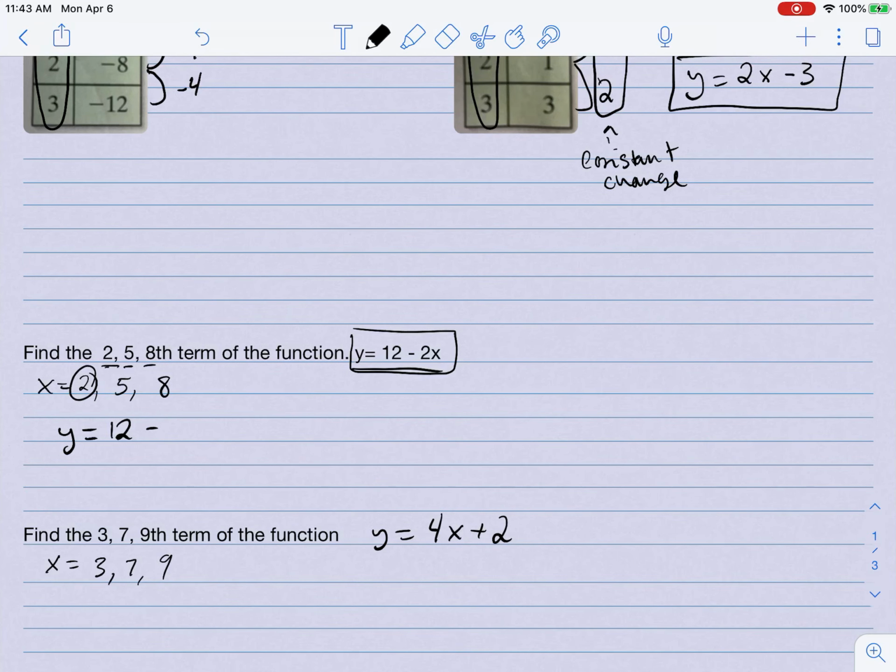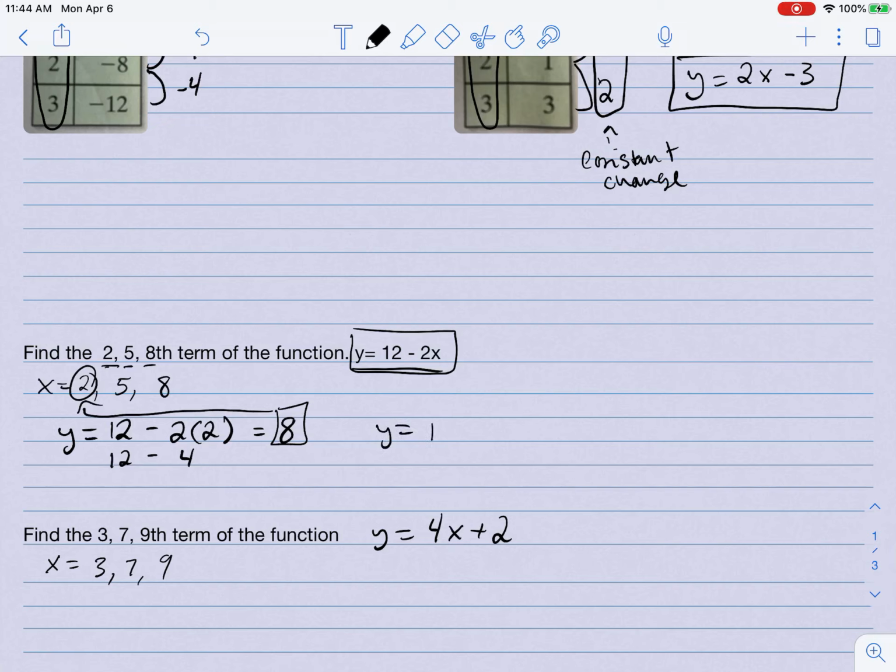So first one is 2, so that's 12 minus 2 times 2. That would be 12 minus 4, which equals 8. So this would be our first value for when x is 2.